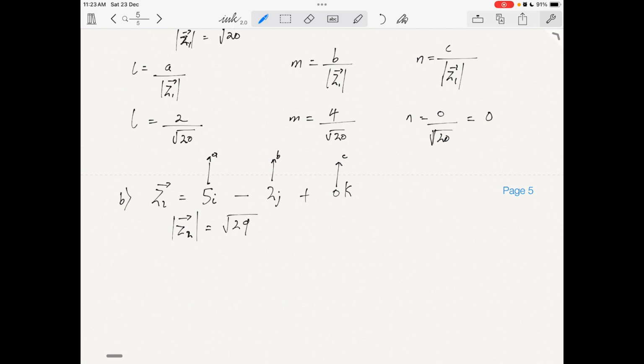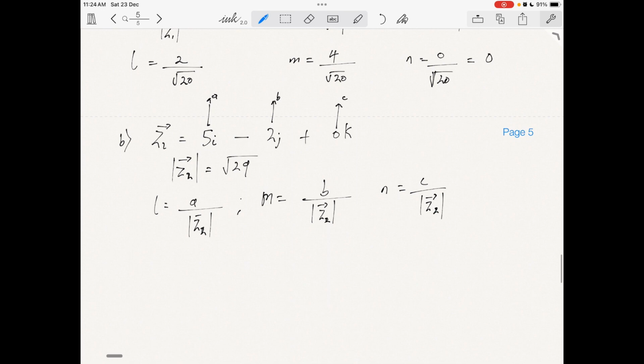Our l is a divided by the modulus of vector 2, our m is equal to b divided by the modulus of vector 2, and also our n is equal to c divided by the modulus of vector 2.